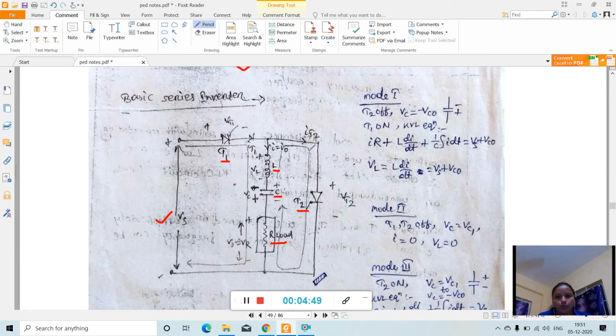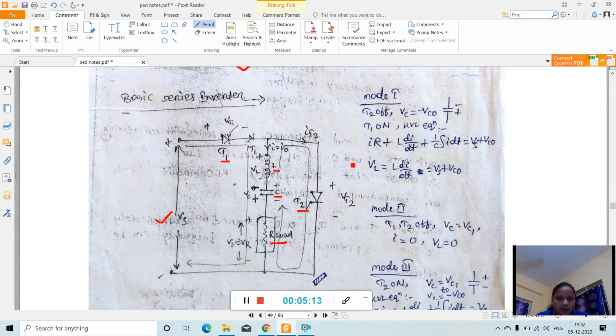Okay, before going to the different modes of operation, what are the predefined things here? See, here it is thyristor T1, and the voltage across thyristor T1. This is thyristor T2, and the voltage across thyristor T2.